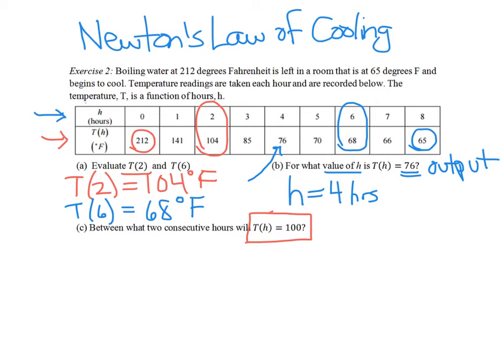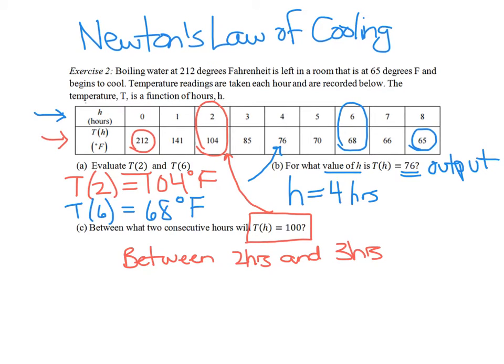When I look at my table, I say, oh, well, it was 104 degrees at 2 hours, but then it was all the way down to 85 degrees at 3 hours. So it had to be sometime between 2 hours and 3 hours when the water was 100 degrees.